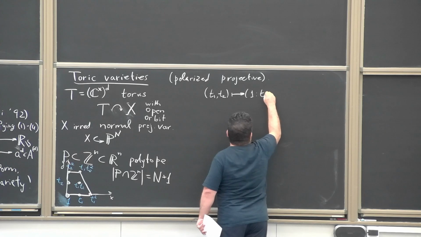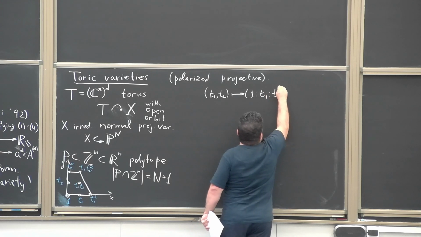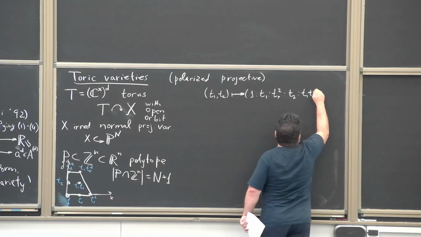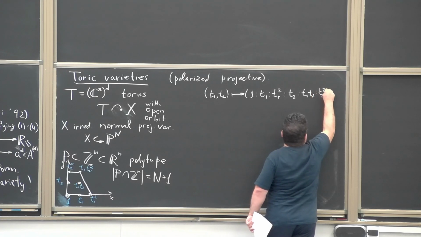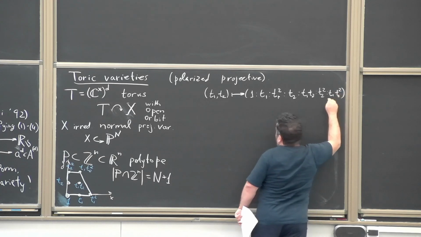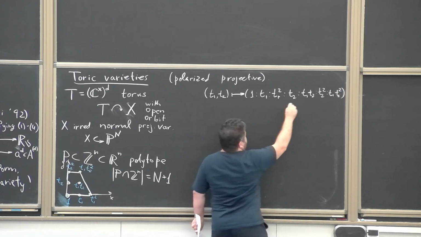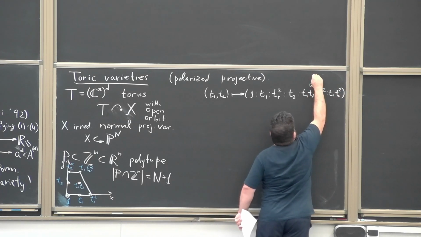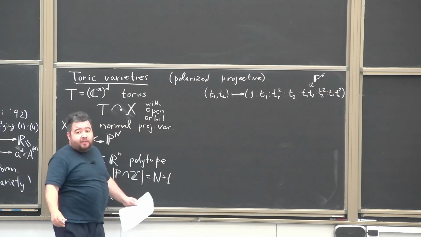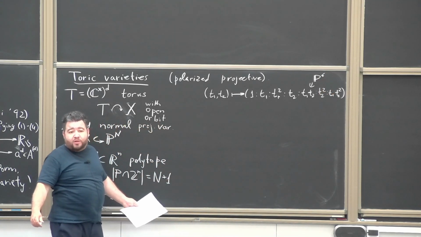And let me say that I will just send my point of my torus, (t1, t2), to 1, t1, t1 squared, t2, t1 t2, t2 squared, t1 t2 squared. So this sits inside P^6, right? And let me take the closure of a point with non-zero coordinates.